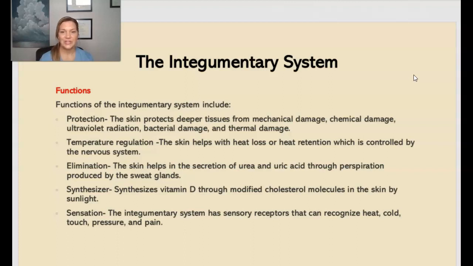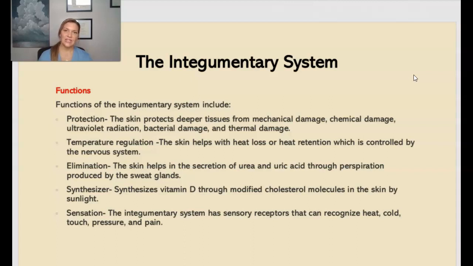Also, the integumentary system helps with elimination. So the skin helps in secretion of urea and uric acid through perspiration produced by the sweat glands. Also, this system acts as a synthesizer. So what that means is our skin helps to synthesize vitamin D through modified cholesterol molecules in the skin by the sunlight.